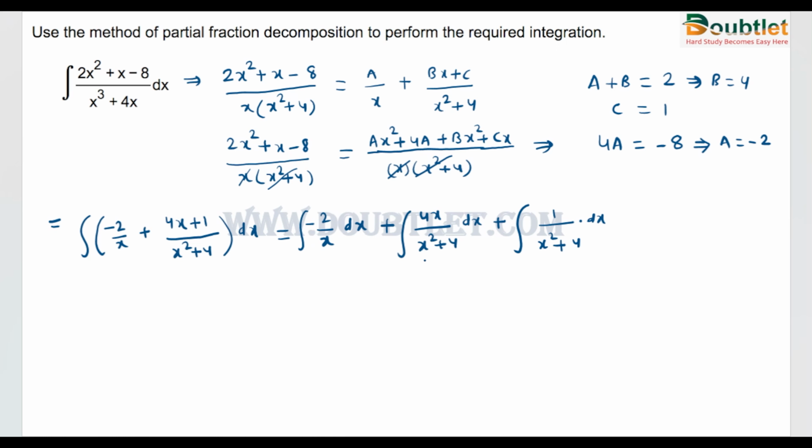So now we can solve these integrations separately. To solve this middle integration, the power of the numerator is less than the denominator, so we could use partial fractions, but if we substitute the denominator, then we can get the numerator easily.